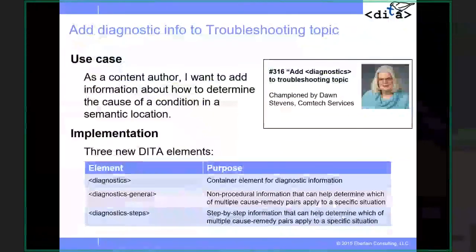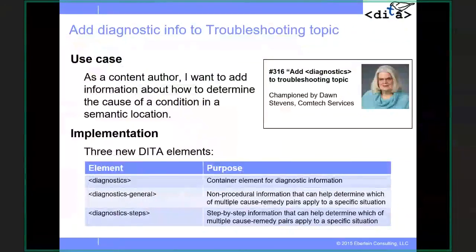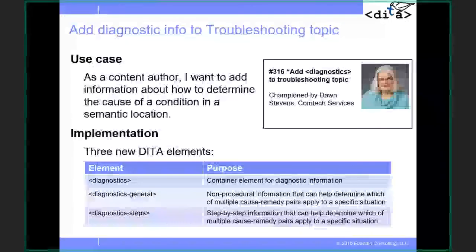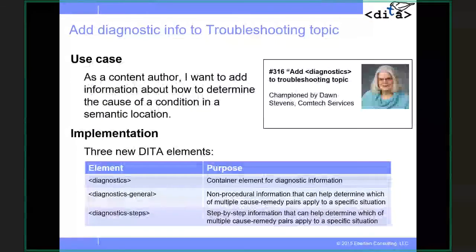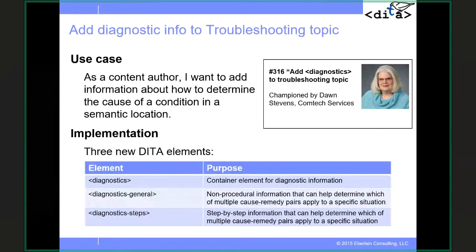Another change here, championed by Don Stevens at Contact, was a much needed enhancement to the troubleshooting topic. And here we're introducing a specific semantic element to contain diagnostic information.